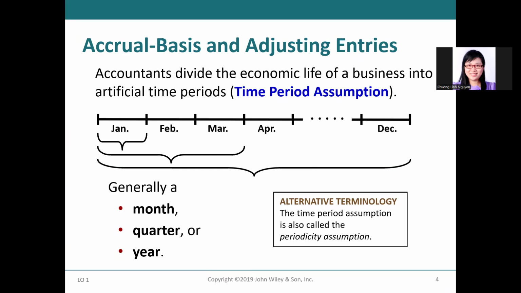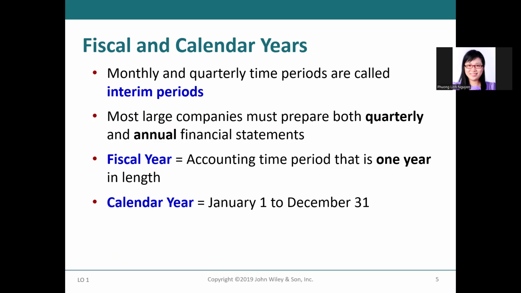Normally, companies prepare the financial statements monthly, quarterly, which means every 3 months, or yearly, or we call it annually, which means every year. So monthly and quarterly time periods are called interim periods. Most large companies will prepare both quarterly and annual financial statements. Quarterly financial statements are those statements that we need to prepare every 3 months.